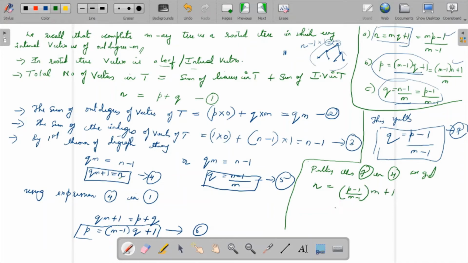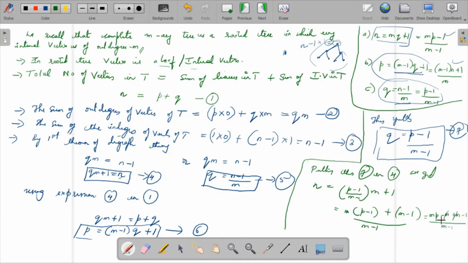So that would give me the result as, I'm taking LCM, m into p minus 1 plus m minus 1, divided by m minus 1. If you multiply this, it would be mp minus m plus m minus 1 divided by m minus 1.